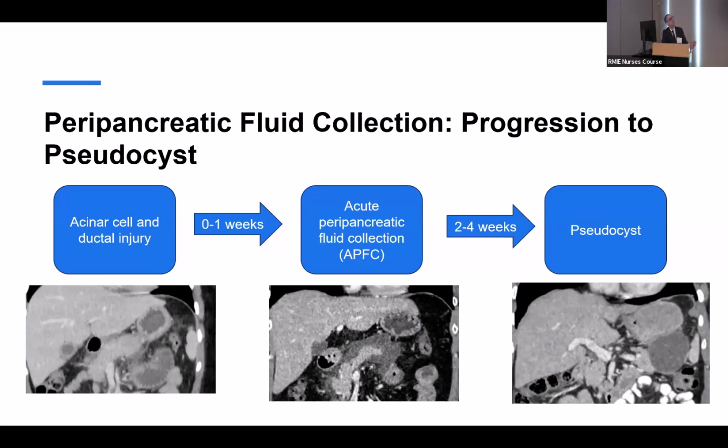And then over about 2 to 4 weeks, this is going to collect, and your body's going to do a beautiful thing that it does and start building a barrier around it to try to heal this and form something called a pseudocyst. Okay. So progression from initial injury to a nice, safe, walled off collection is usually about 2 to 4 weeks, more on the 4-week end.